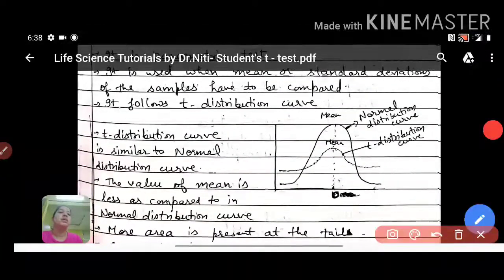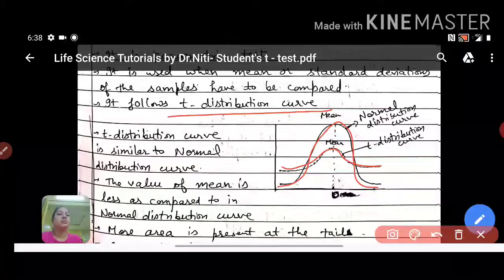Now let's study the t-distribution curve. The t-distribution curve is similar to the normal distribution curve. This is the normal distribution curve and this is the t-distribution curve. Both curves are bell shaped, that is, the observations have a tendency to concentrate in the middle. Mean, median, and mode values lie at the center in both curves.